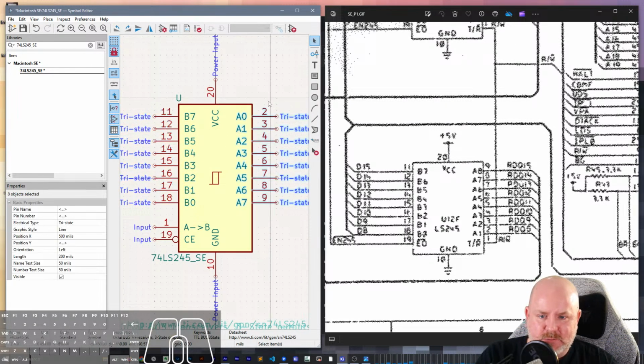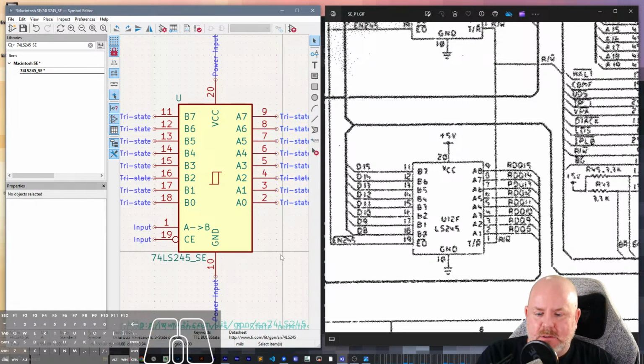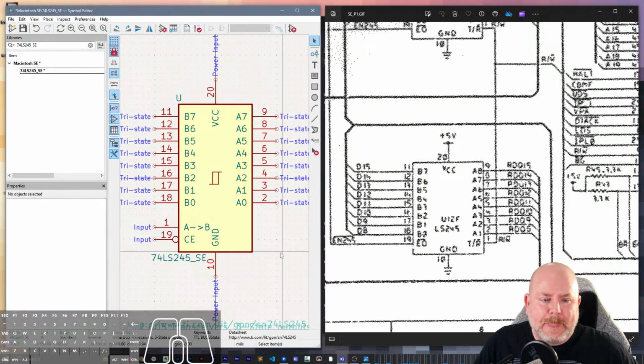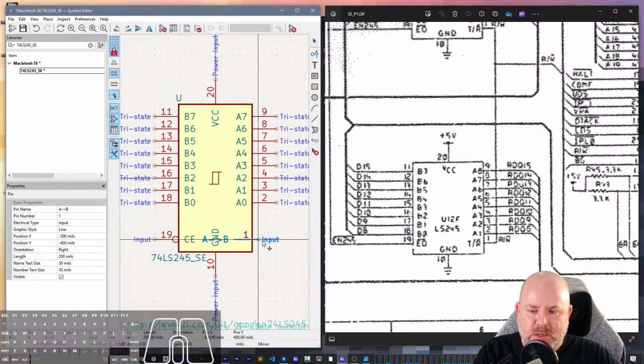All right, so then these will hit Y and turn those upside down as well. Oh, I think that's what's throwing it off the grid. Okay. I'm not going to worry about it right now, but that's what it feels like to me. All right, and then this is going to go over here.